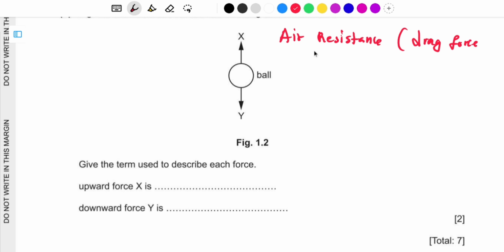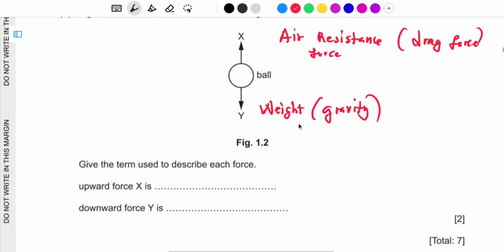And then for Y, this one here, it is going to be weight, because weight is also a kind of force, or it can be gravity, which is acting downward. From these two, you can just choose one. So we have the drag force, and we also have the weight of an object. Then from there we are done.